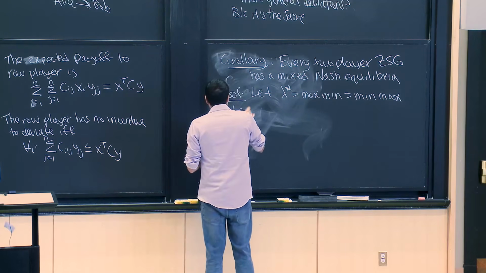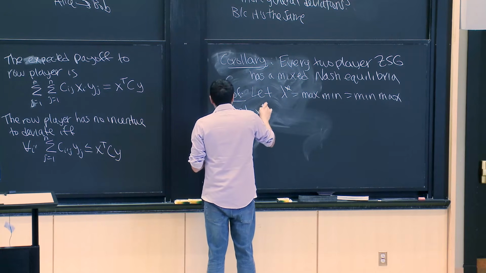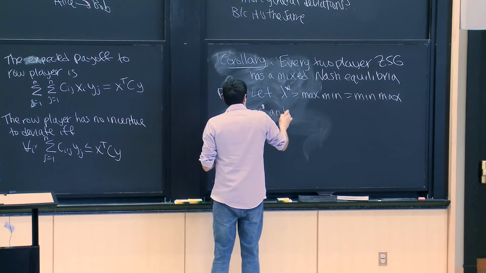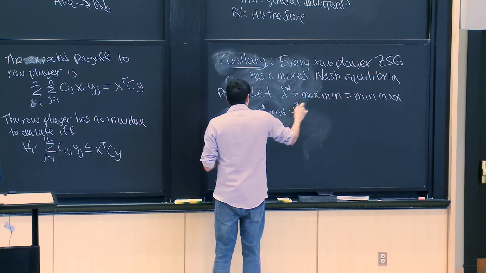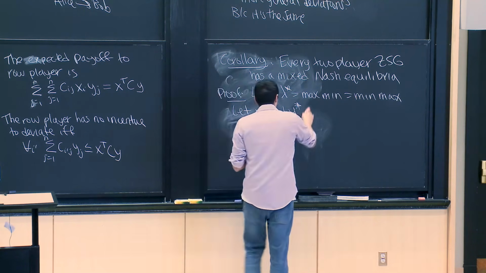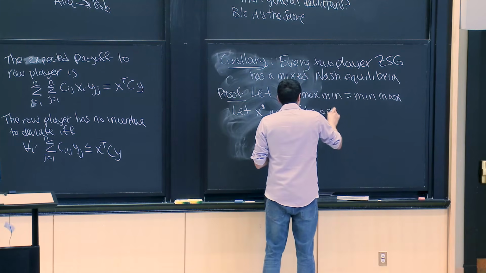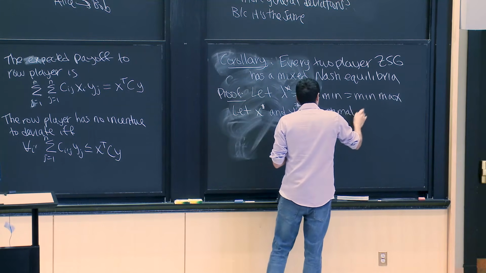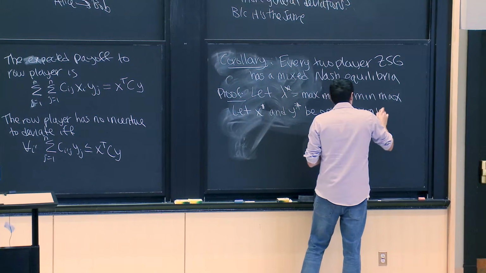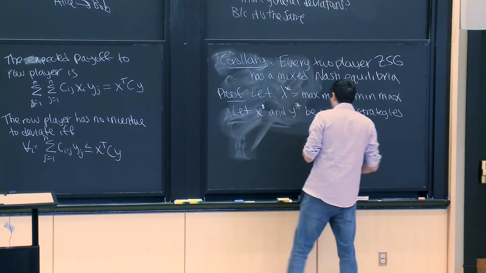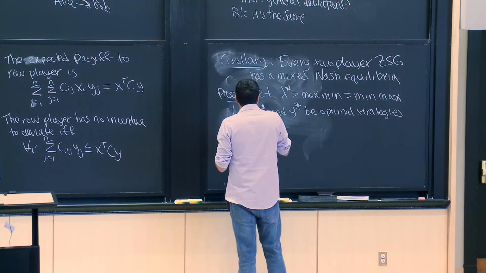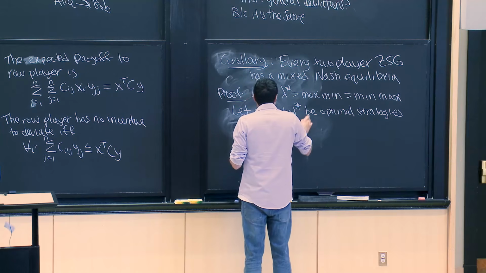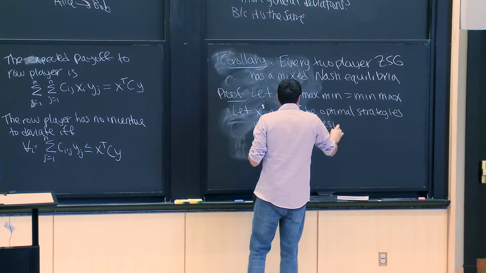So what I'm going to do is I'm going to let x star and y star, these are my purported mixed Nash equilibrium. They'll be the optimal strategies in 2 and 1 respectively.